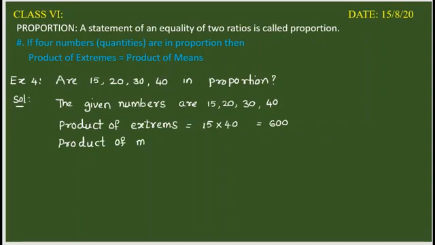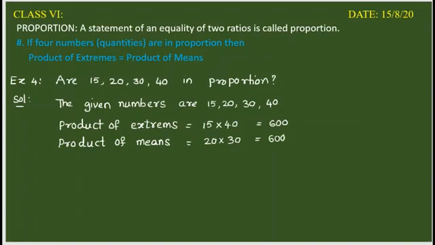Means are nothing but the numbers which are middle. So what are the means here? 20 and 30. So let us multiply both. 20 is multiplied by 30. Okay. So let us multiply 2 and 3 first. 2 3s are 6. Here 2 more zeros will be suffixed.